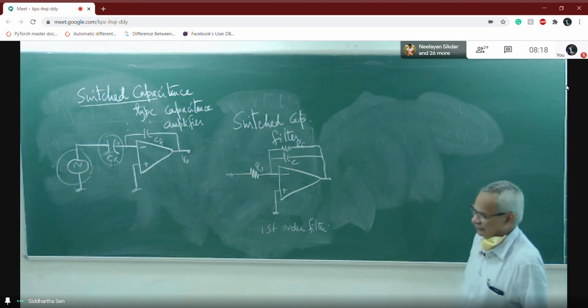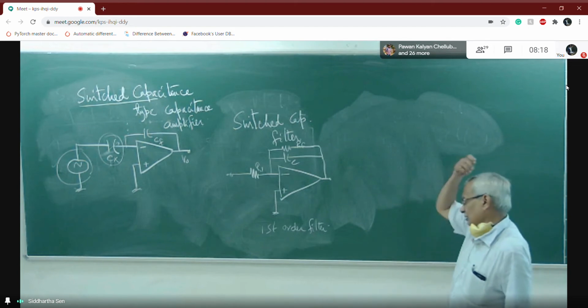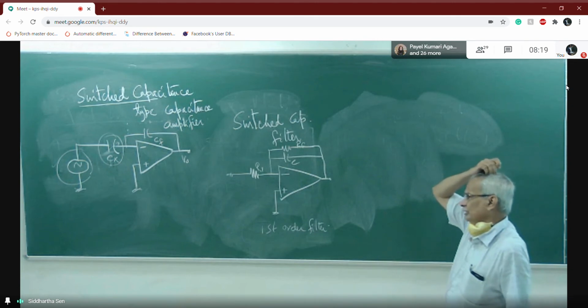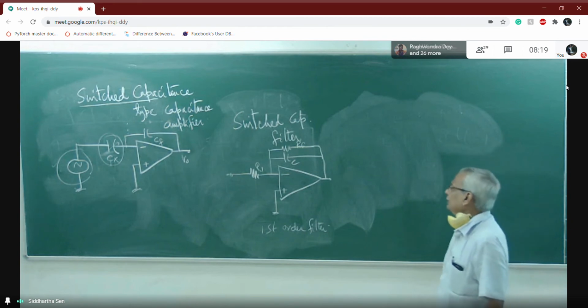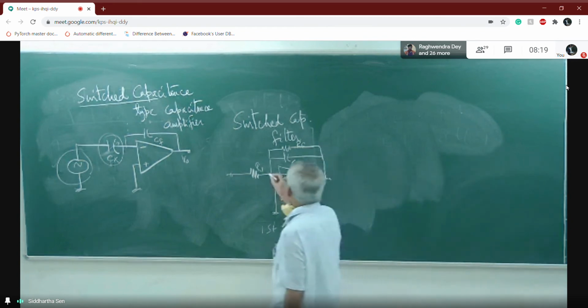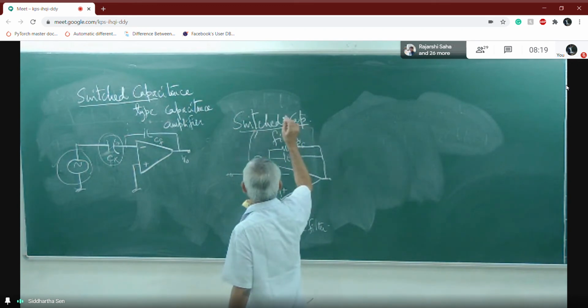So naturally, when we implement these filters in an IC, what we try is to replace this resistance by some switch capacitance.